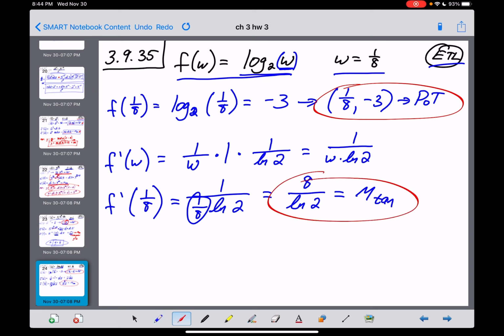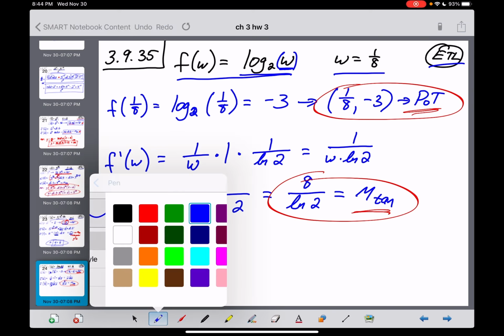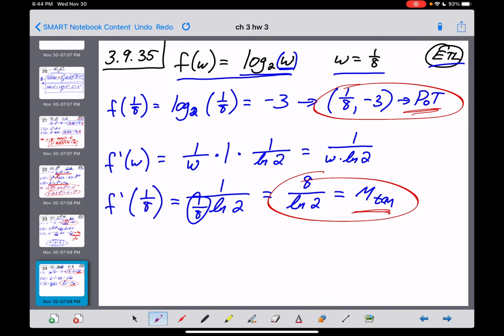So we have the two things that we need now, the point of tangency and the slope of the tangent. So let's go to point slope form. Y minus the y coordinate of your point of tangency, that's y plus 3, equals our slope, which is 8 over the natural log of 2, and then in parentheses, x minus your x coordinate here, which is 1/8.